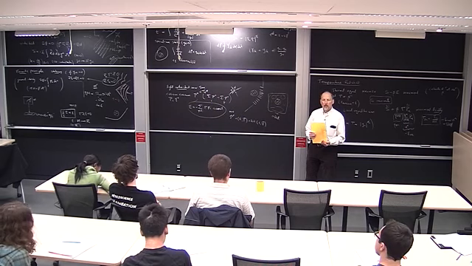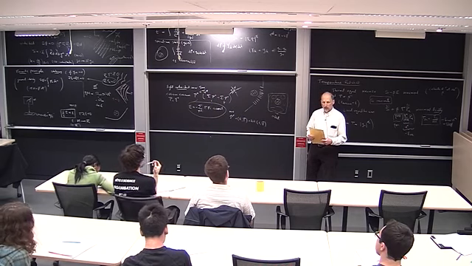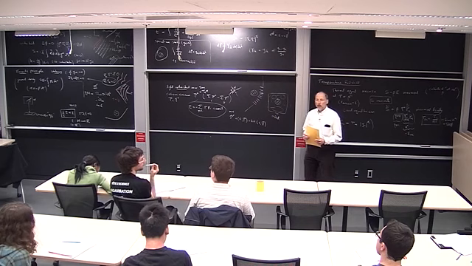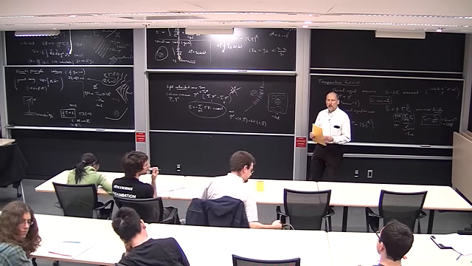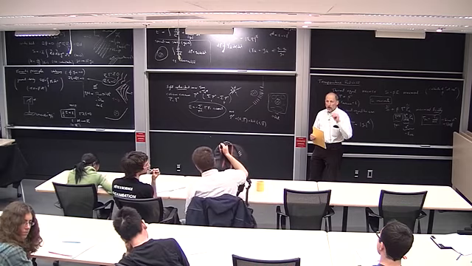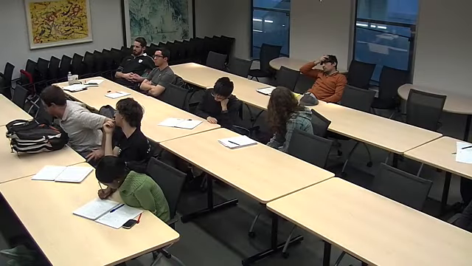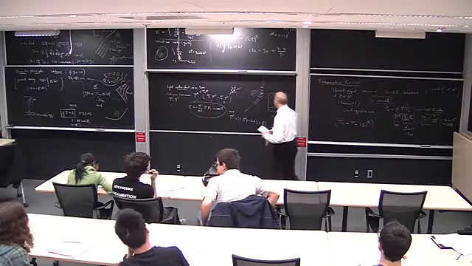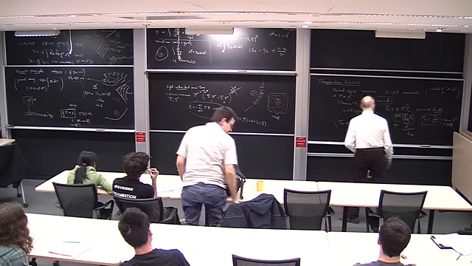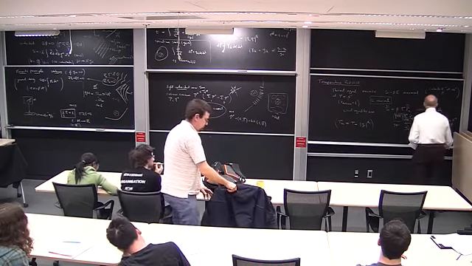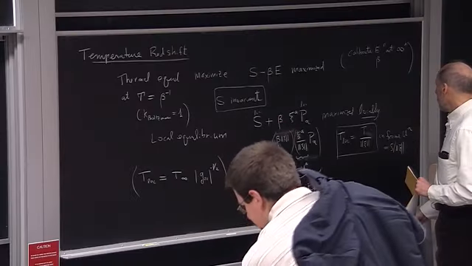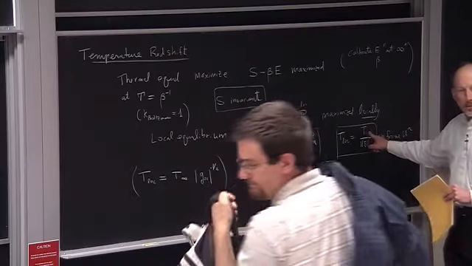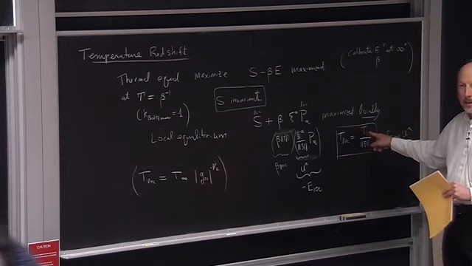But if you gave such an observer a detector, then close to future infinity, the detector wouldn't find itself in thermal equilibrium with infinite temperature, would it? That's a good question.